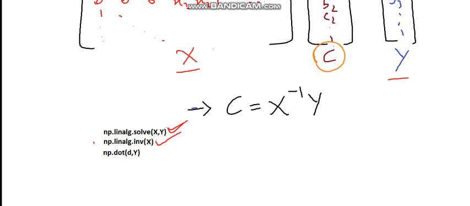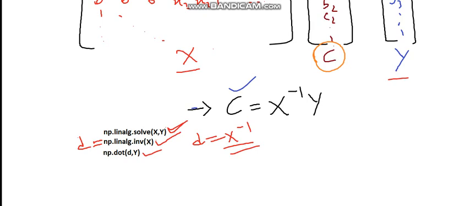Suppose this is equal to some d, then we can have d equal to np.linalg.inv(x), that is, d will be nothing but x inverse. Then you have to take the dot product of that x inverse, or d, with y. Then we can get this coefficient matrix C.